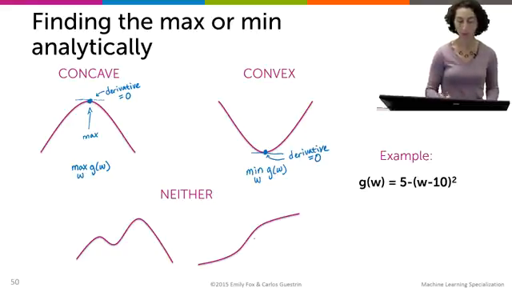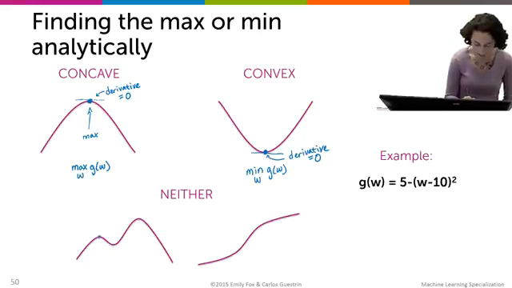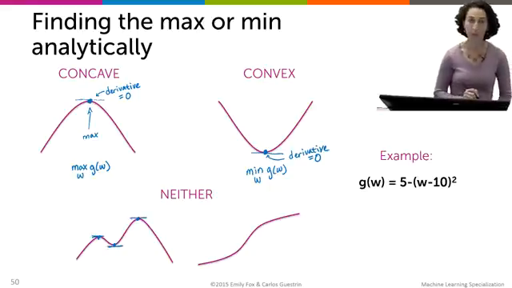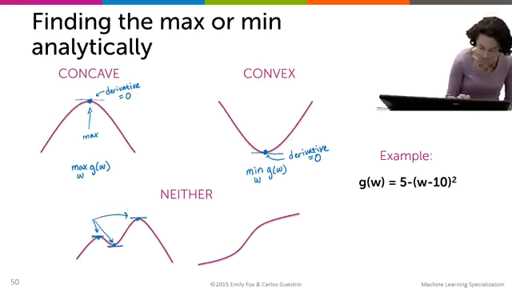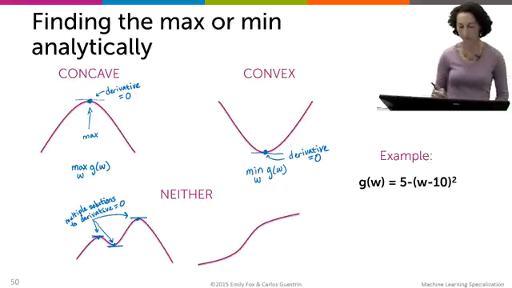In contrast, when we look at the two examples for functions that were neither concave nor convex that we showed on the previous slide, what we see is, in this case, for example, there are multiple locations where you have the derivative equaling 0. So let's write that explicitly and say that there are multiple solutions to derivative equals 0.